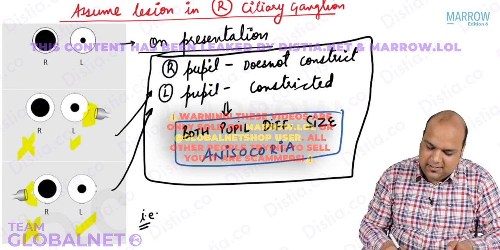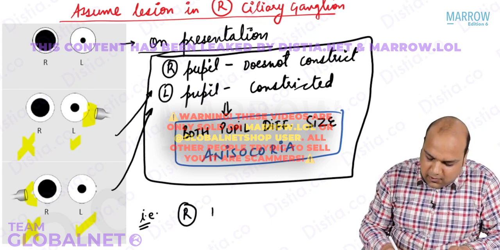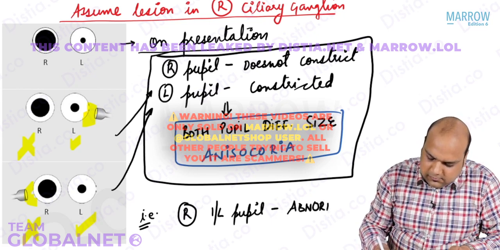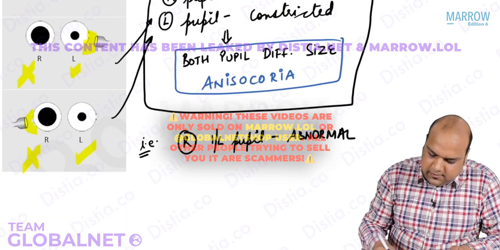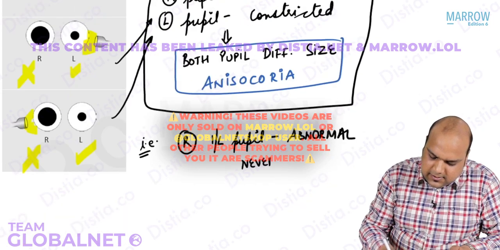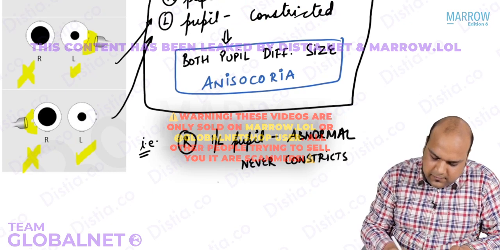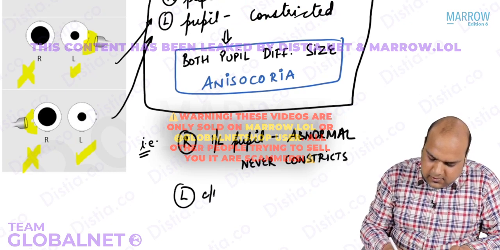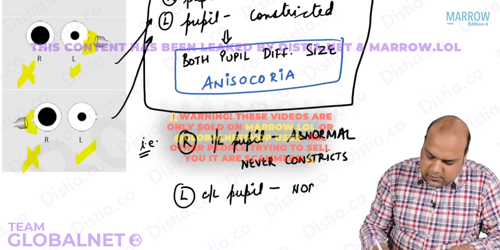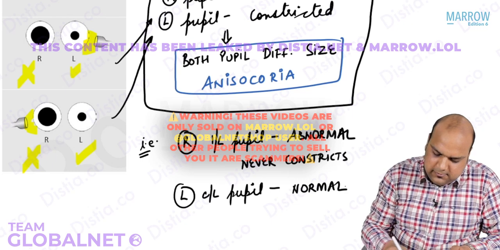Right side. Right pupil or ipsilateral pupil, abnormal, never constricts. Left or contralateral pupil is absolutely normal.